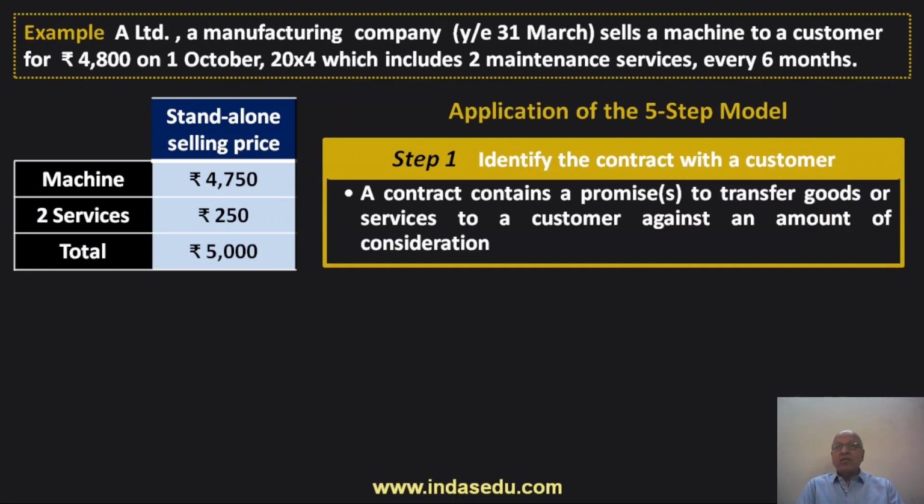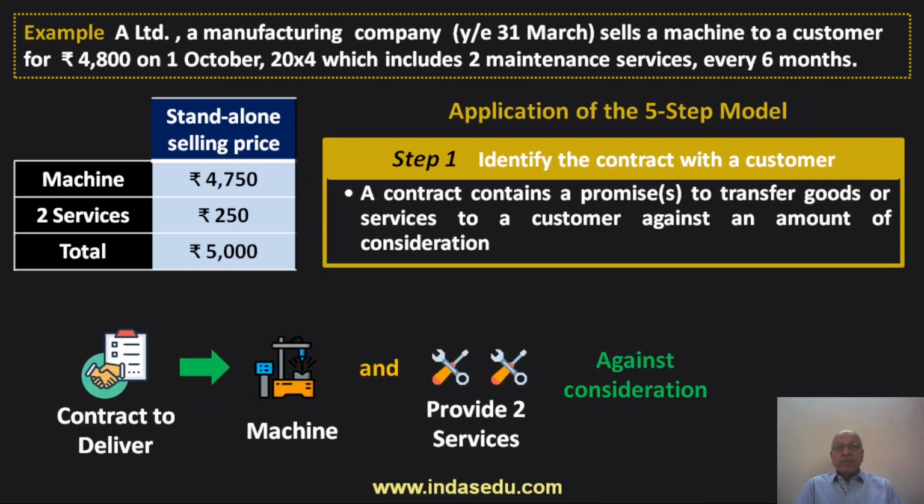Identify the contract with a customer. A contract contains a promise to transfer goods or services to a customer against an amount of consideration. That means you see, a promise to transfer goods or services. What does that mean?